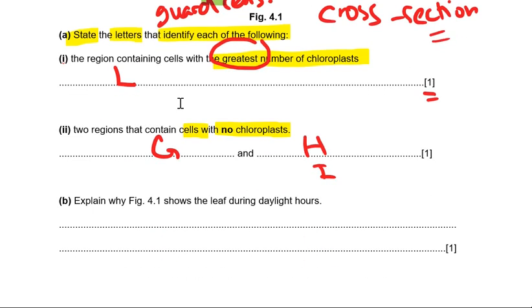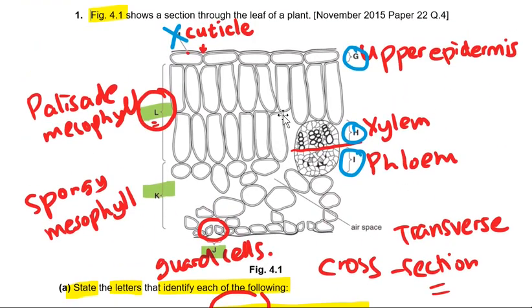Okay, explain why figure 4.1 shows the leaf during the daylight hours. So during the daytime, we know that the cells are photosynthesizing. However, what indicates the fact that the leaf is photosynthesizing and it's daytime?